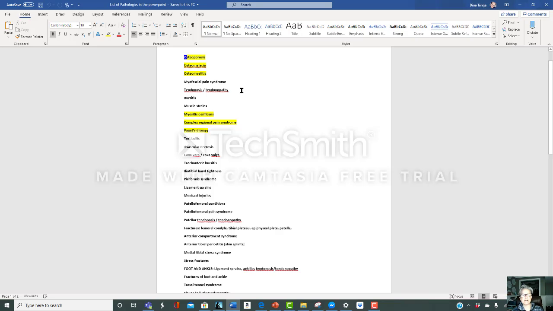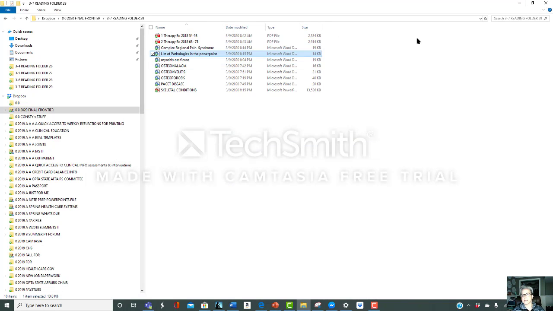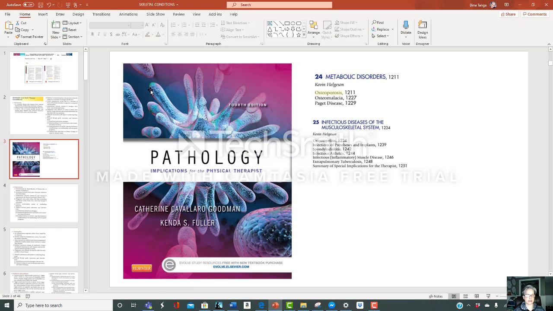And so I'm going to do a video focusing on each one of these, or most of them, like osteoporosis, osteomalacia, osteomyelitis, and so that way we can study a little bit more in differential diagnosis.